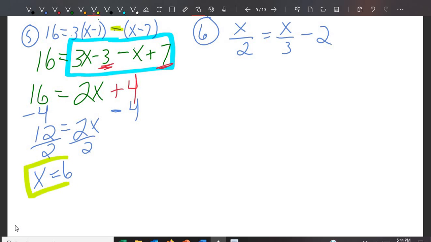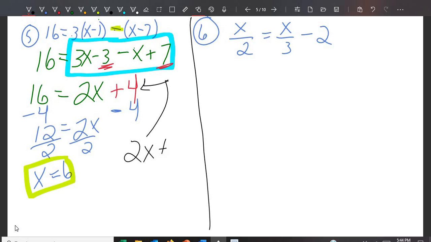Now, you could also do this. You could take, let me draw a little line over here. Right here, at this step, what you could do is reverse it and put the 2x plus 4 on the left and the 16 on the right.